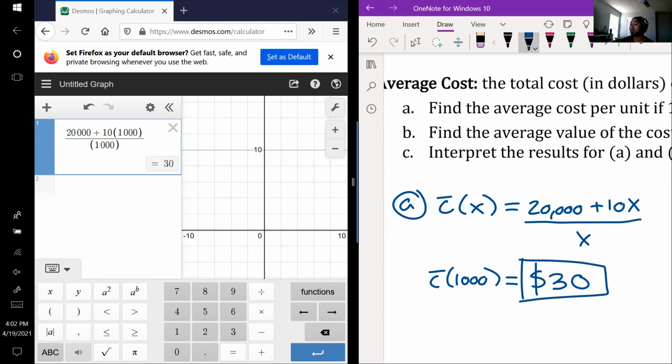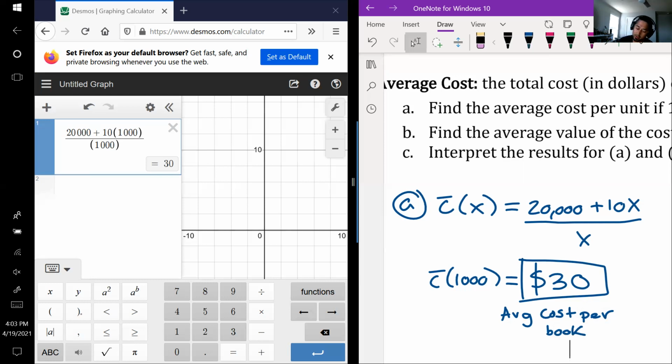So $30 is the average cost per unit. So I think it's the average cost per dictionary. Come on, computer, let me write. I'll just say book.